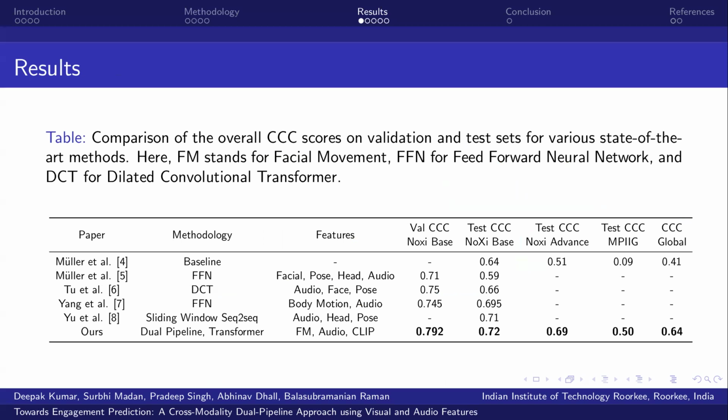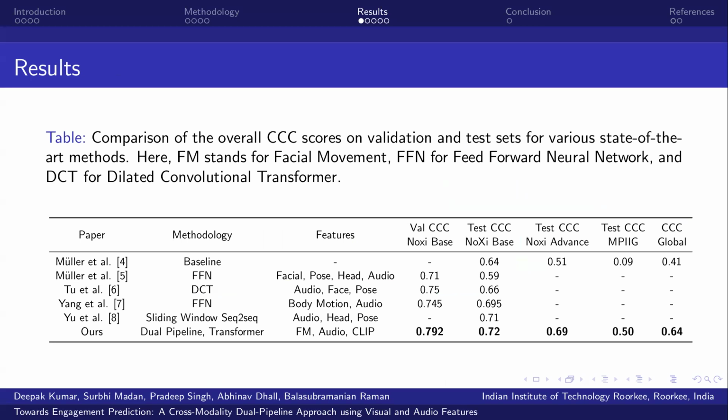As we can see in the table, this table is a comparison of the overall CCC scores on validation and test sets for various state-of-the-art methods. Our proposed method demonstrates superior performance compared to the baseline approach. Specifically, our cross-modality dual pipeline model achieves a global CCC score that is 0.23 points higher than the baseline.